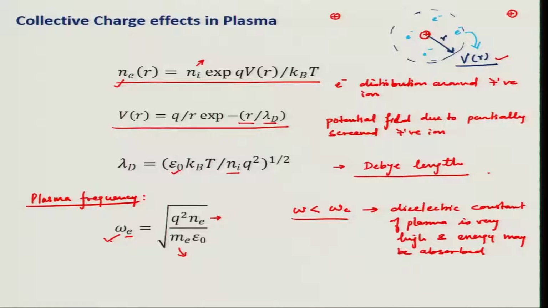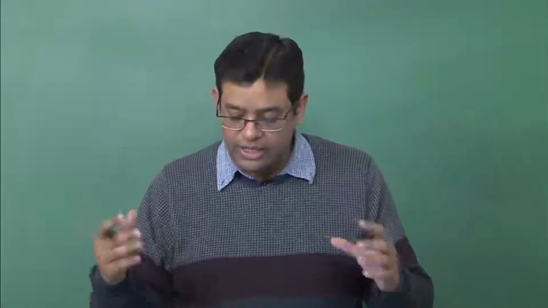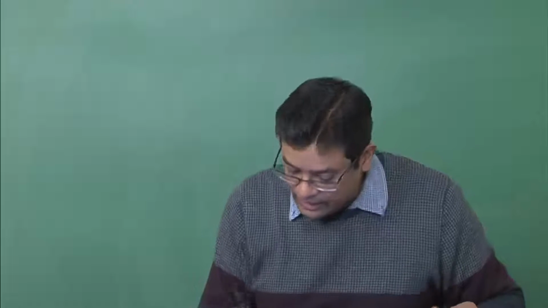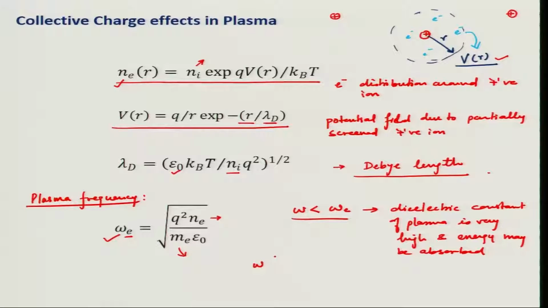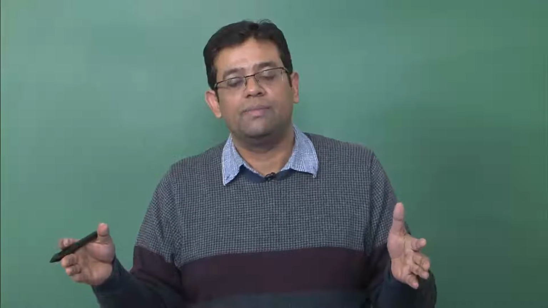It will try to accommodate the positive or negative cycle of that voltage, and that energy it will absorb. On the other hand, if omega of the radiation is greater than the plasma frequency, then the plasma will be transparent. Either the plasma will be transparent to that radiation, or it will not see the effect of that fluctuation.